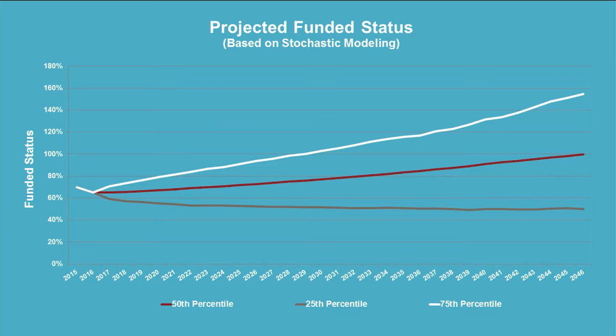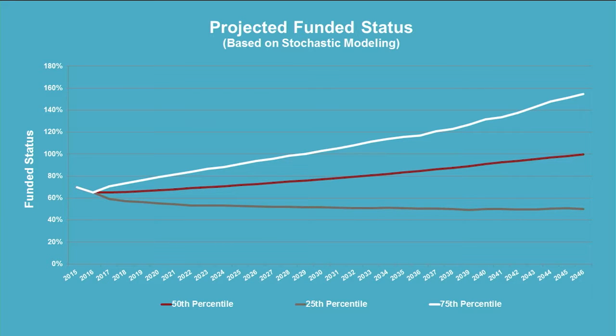Then what we did, because all we showed you now were just scenarios, is we performed 5,000 what are called Monte Carlo simulations for the next 30 years. For each of them, we calculated what contribution levels and funding levels would be. Then what we're presenting here is the 25th, 50th, and 75th percentile of our funding levels over the next 30 years.